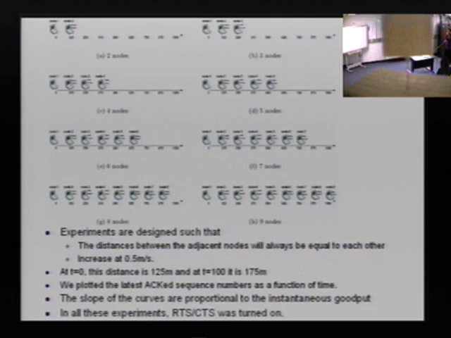At T0, this distance is 125 meters, and at the end of simulation, we run it for 100 seconds, it's 175 meters, which is very close to the communication range of 2 megabits per second, which is 188.5 meters. So out of those nodes, who's sending, who's receiving? Sorry. Node 1 is sending to the furthest node. So like here, there are 8 hops, 6 hops, 4 hops, 2 hops.